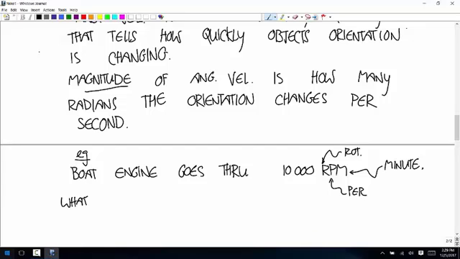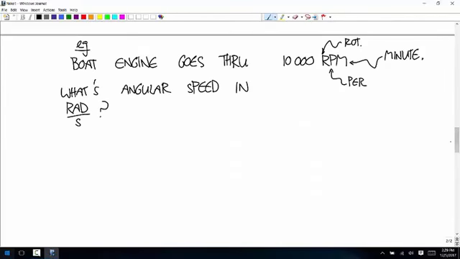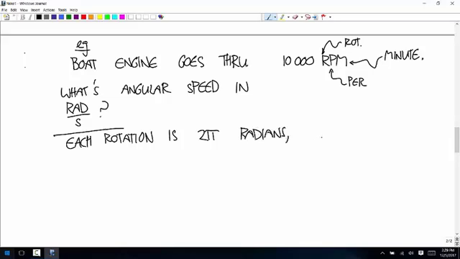What's its angular speed in radians per second? Well, each rotation is 2 pi radians. And each minute is 60 seconds.